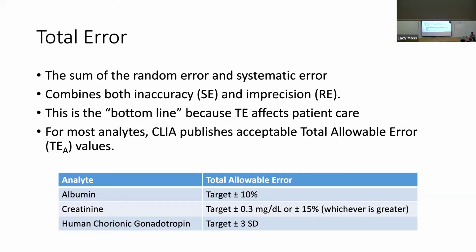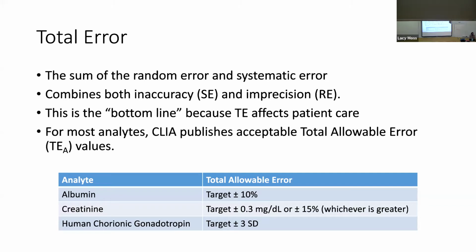So if you have that 0.3, that gives you a little bit more wiggle room at those really low concentrations, because otherwise you're trying to hit an extremely tiny little target with a method that's not that accurate. So that's why you get that whichever is greater, so that you get a little bit of a bigger window to try to get your assay into.